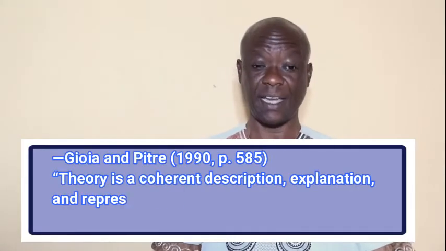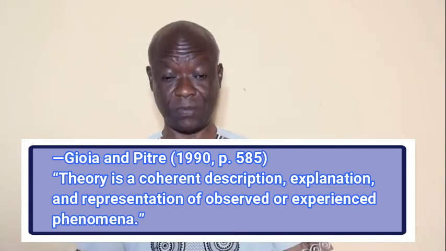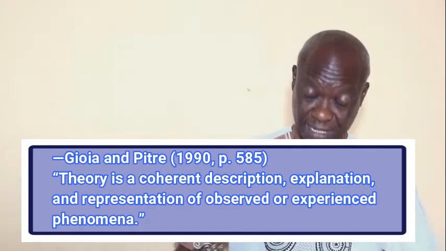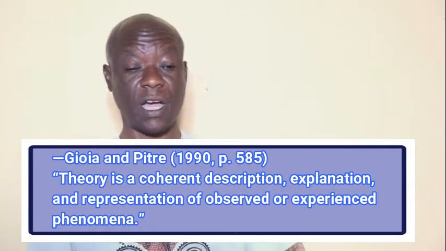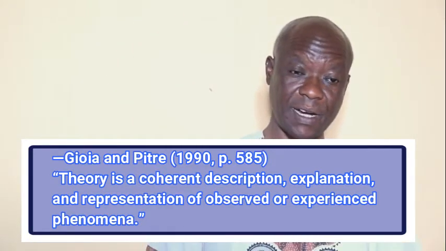So anyway, an attempt to try and understand reality out there by constructing or coming up with models that explain that reality can also be considered to be theorizing. And of course, again, taken from Gioia and Pitre, 1990, theory is a coherent description, explanation and representation of observed or experienced phenomenon, ladies and gentlemen.